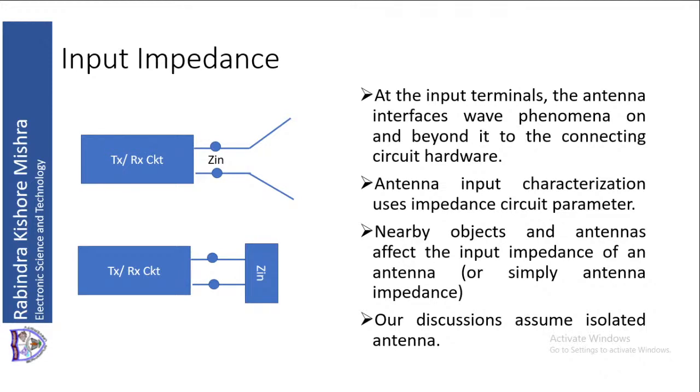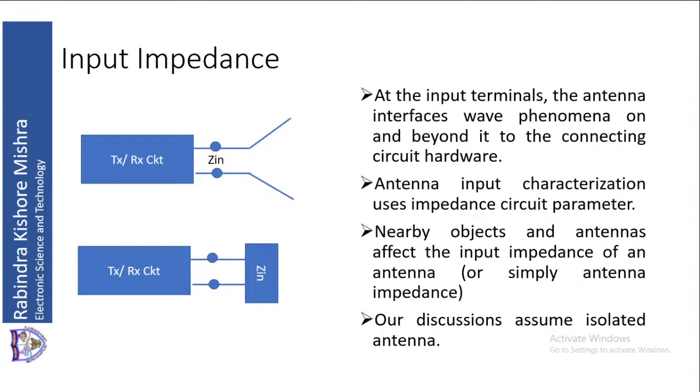Our discussion here about Zin assumes an isolated antenna, which means there are no nearby antennas and no nearby objects. The antenna is isolated from all other antennas or objects near it.